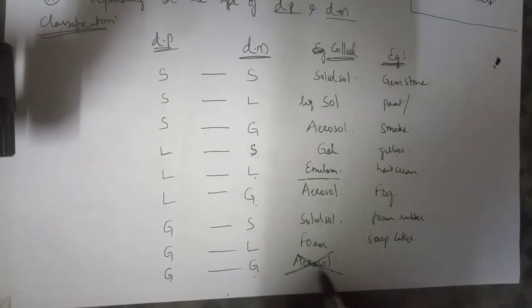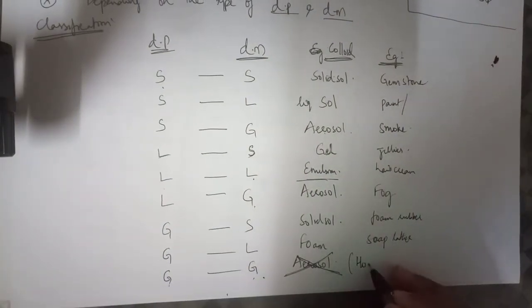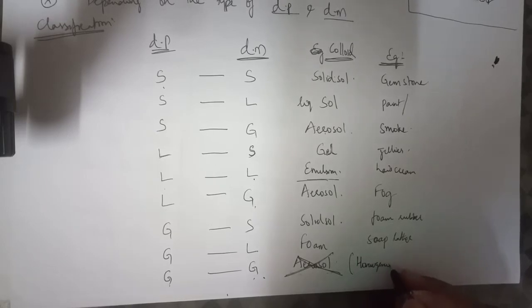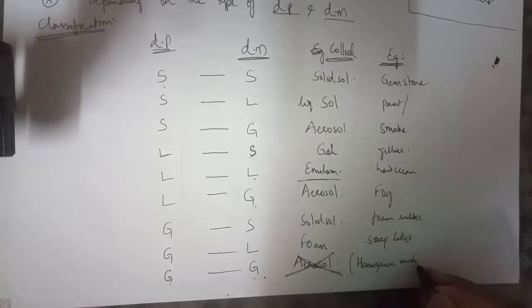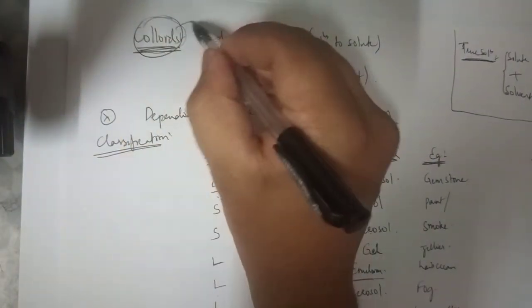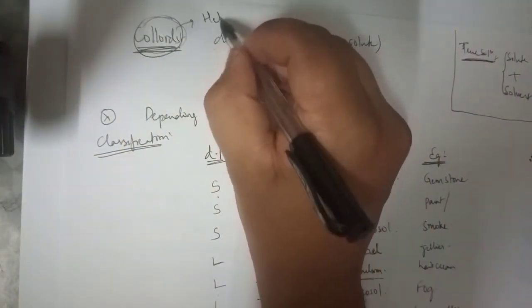Now gas into gas, even though I have written aerosol, this is not a colloid. Why? Gas and gas will always form a homogeneous mixture. By definition, colloid, very important, is a heterogeneous mixture.